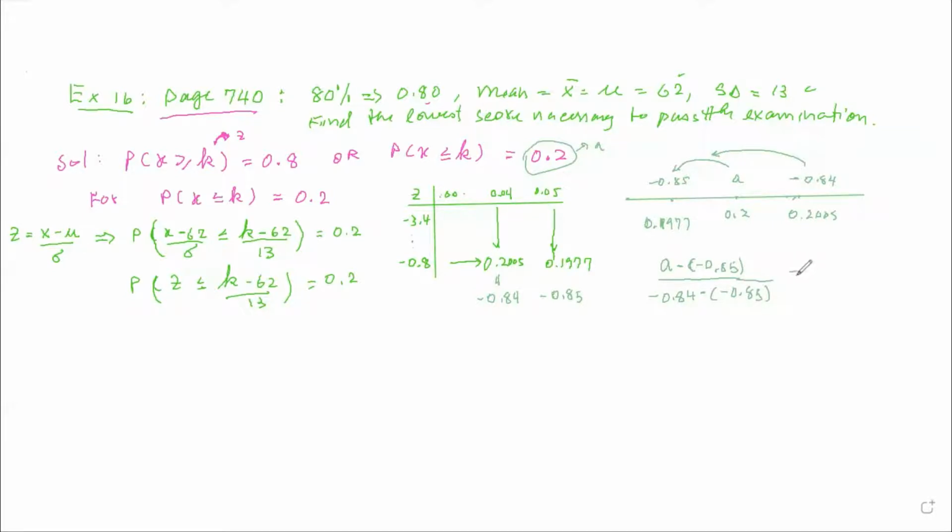These are ratios, equal to 0.2, the value of A, minus the probability 0.1977, divided by 0.2005 minus 0.1977. Then you simplify both sides and do cross multiplication to get the value of A.